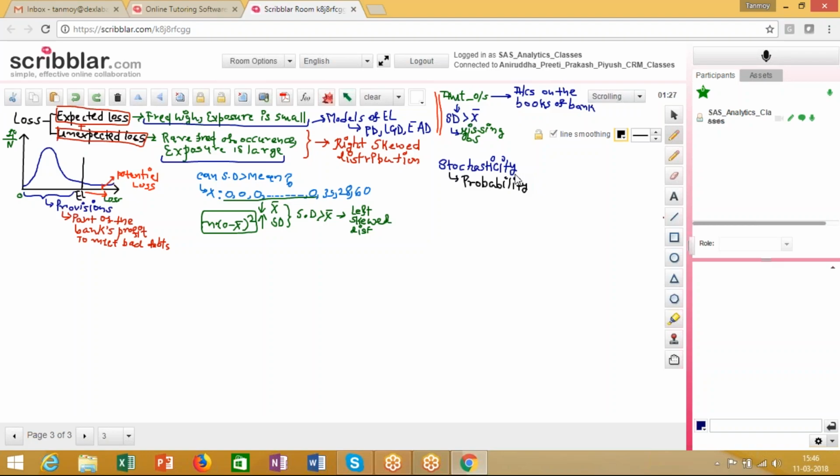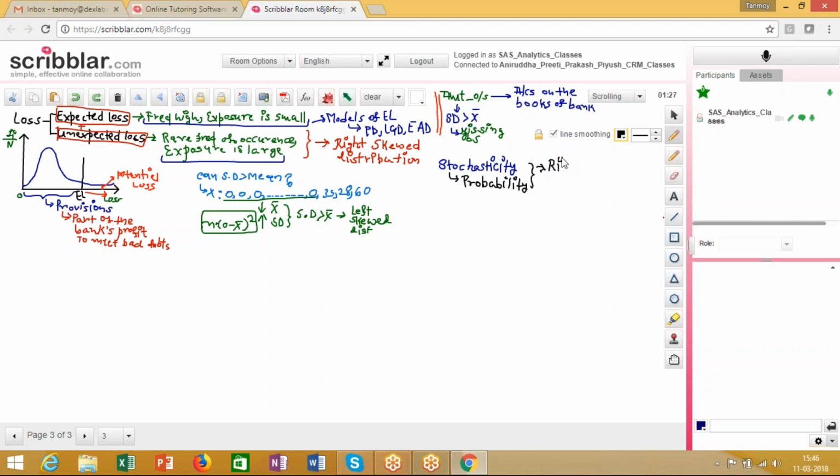Now, to understand why we are talking about stochasticity and probability, let us understand this concept of risk in a more detailed manner. So, let us understand what exactly is risk and how is this concept of stochasticity related to risk.